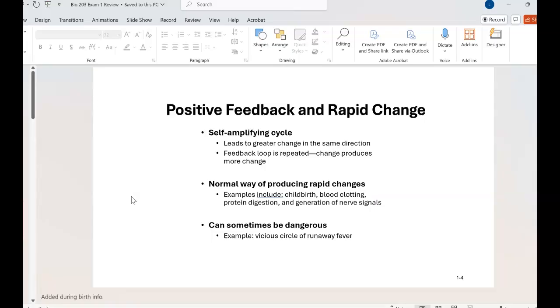So we talked about positive feedback versus negative feedback. Positive feedback is that self-amplifying cycle. So continuing into that greater change in one direction. So this is just going to continue. Classic example is childbirth.